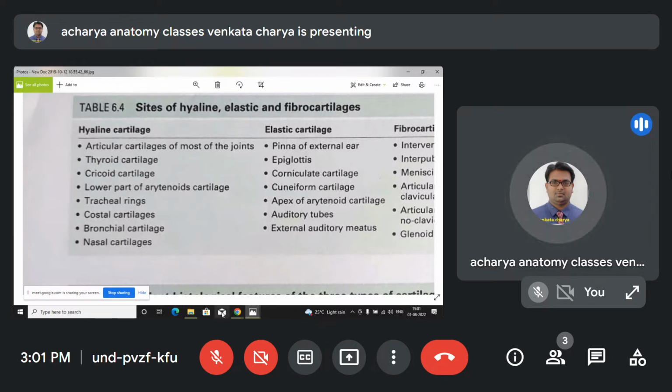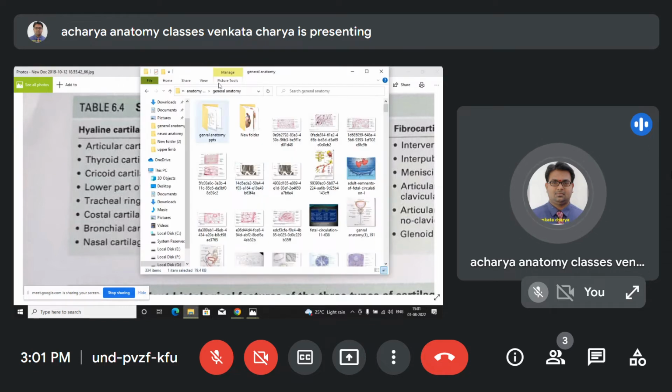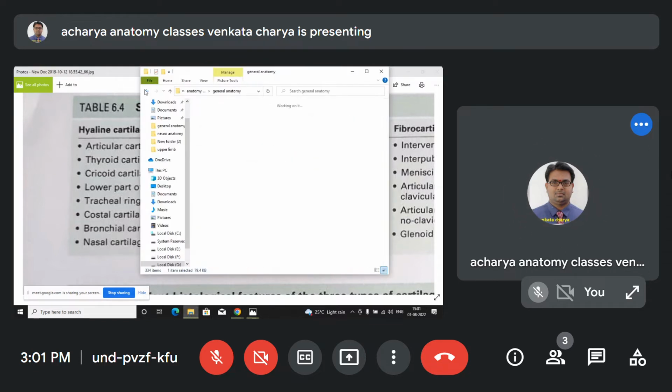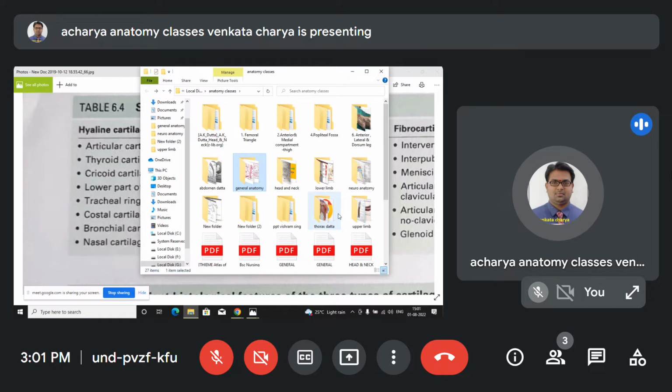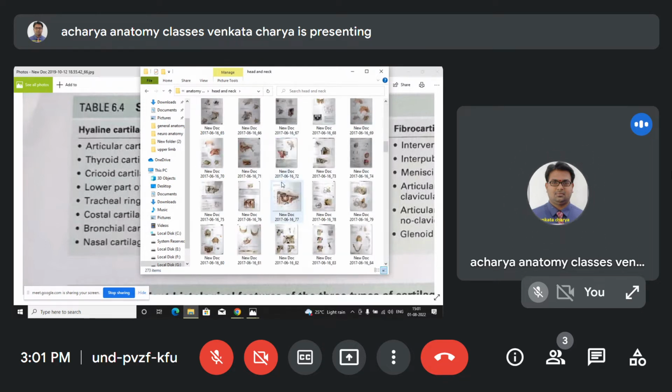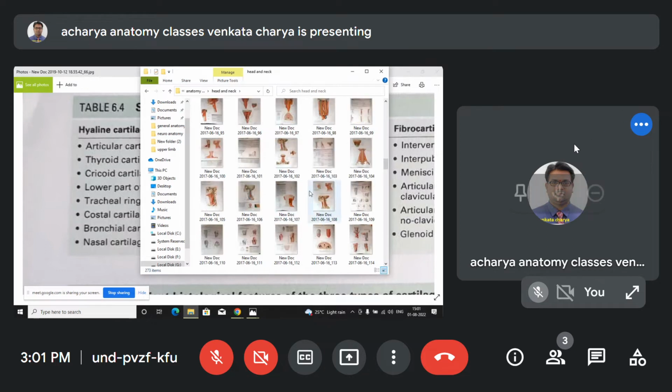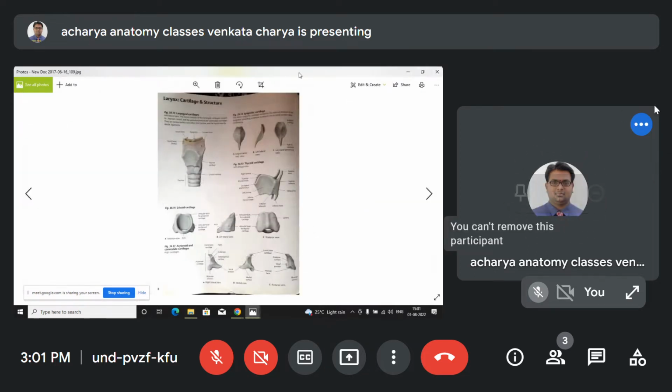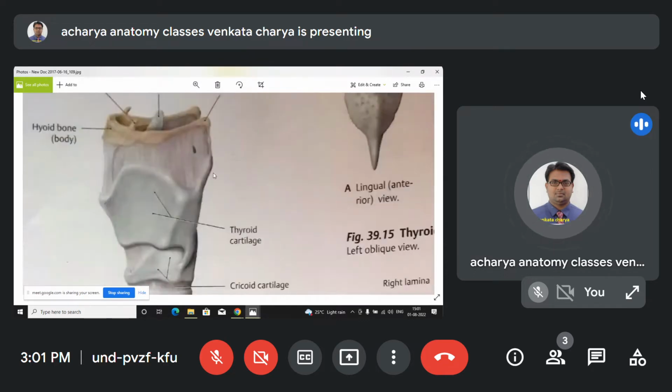Number one is the thyroid cartilage. Actually the larynx is made up of 9 cartilages. In these 9 cartilages there are paired and unpaired cartilages. Once again I show you. Observe this picture.